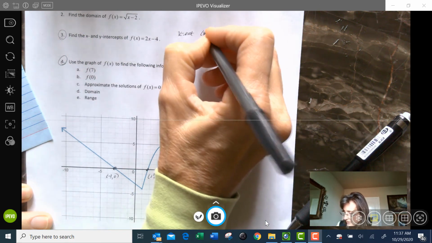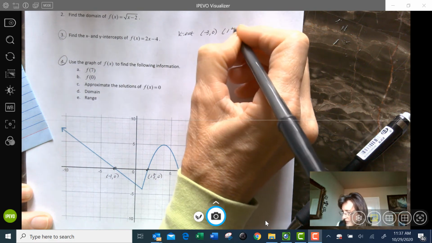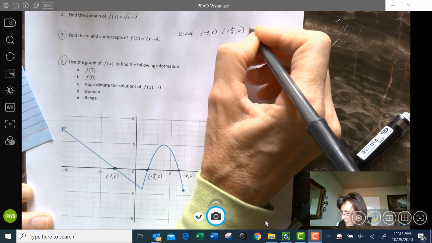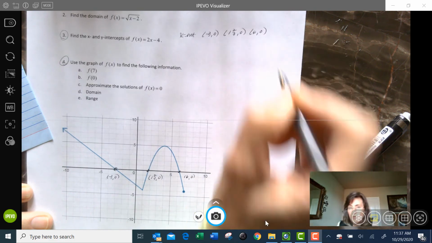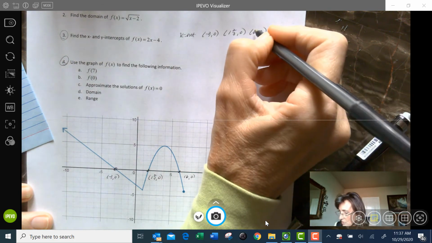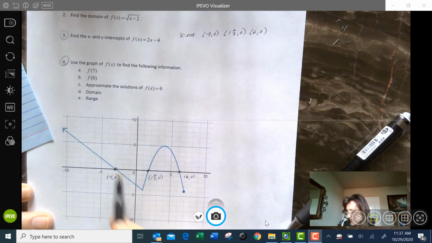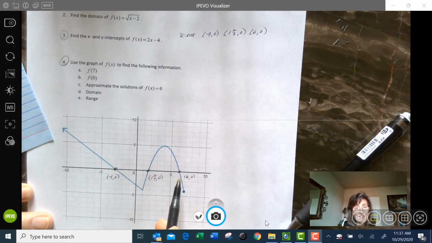These are my x-intercepts, negative 3, 0, 1 2/3, 0, and 6, 0. Remember, your x-intercepts will always have a y value of 0. So anytime a point is on the x-axis, the y value is 0.